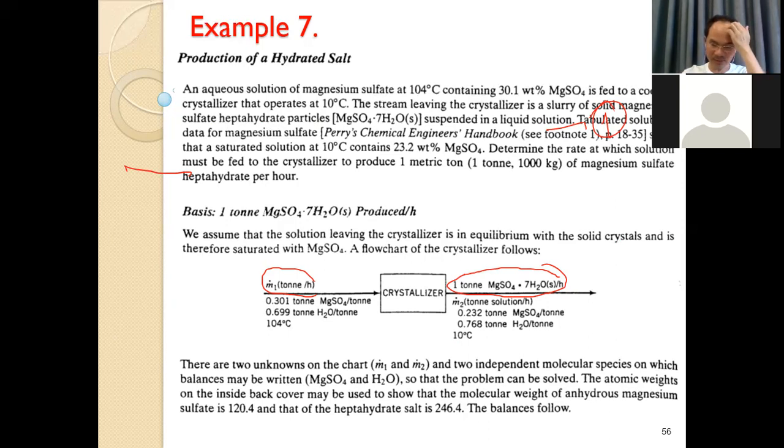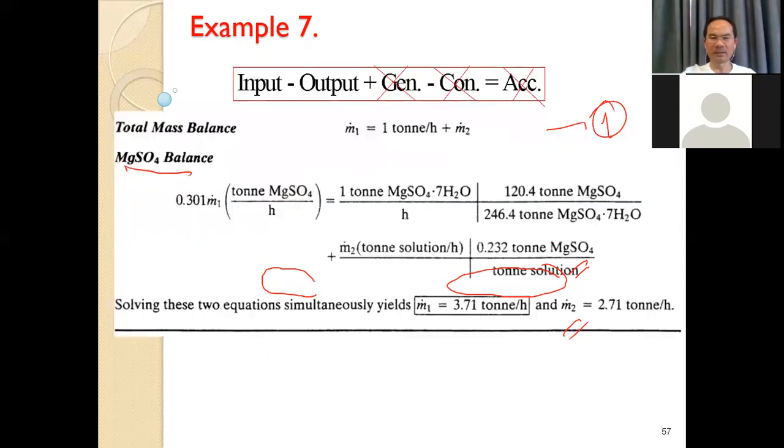For the magnesium sulfate outlet, we have two components, in the solid form and in the liquid form. In the liquid form it is 0.232 multiplied by M2. M2 is tons of solution per hour multiplied by 0.232 tons magnesium sulfate per ton solution.